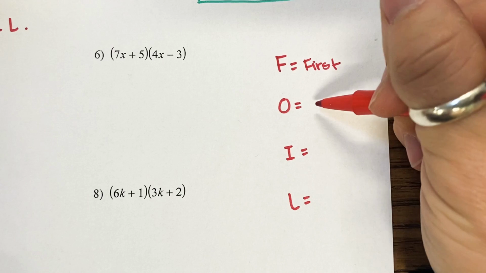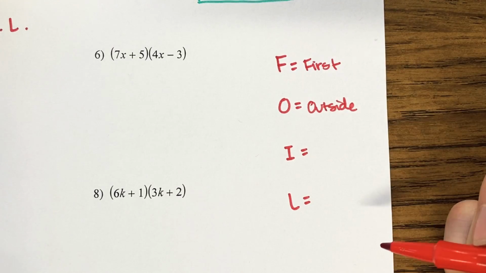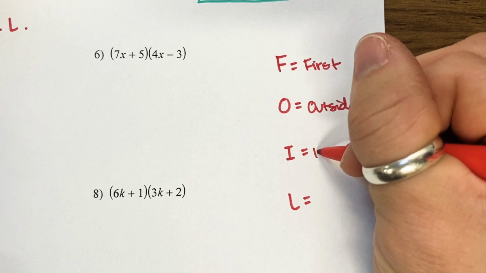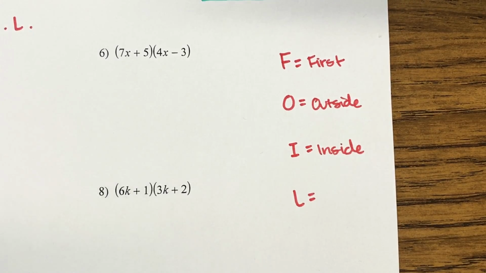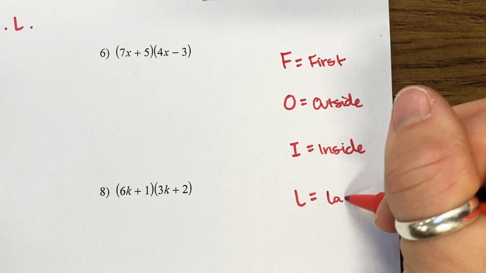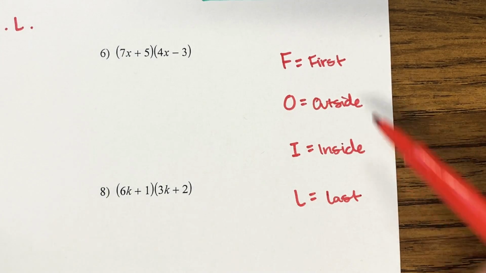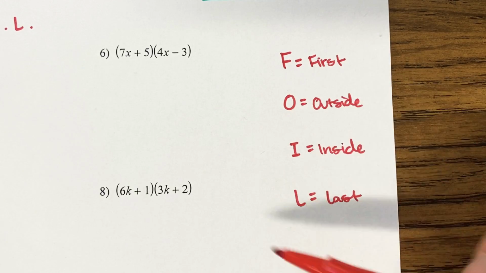O stands for outside. I stands for inside. And L stands for last. So we have first, outside, inside, last. Using this, we are going to find our products.